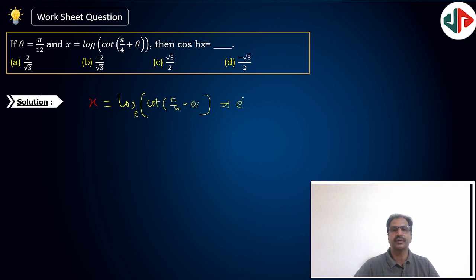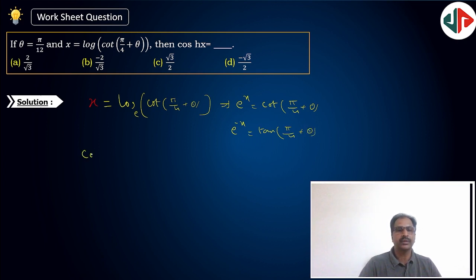From the definition of logarithm, e power x is equal to cot of (pi by 4 plus theta). e power minus x will be tan of (pi by 4 plus theta). And cosh x formula is (e power x plus e power minus x) by 2.